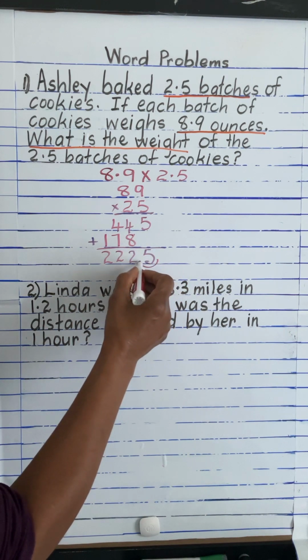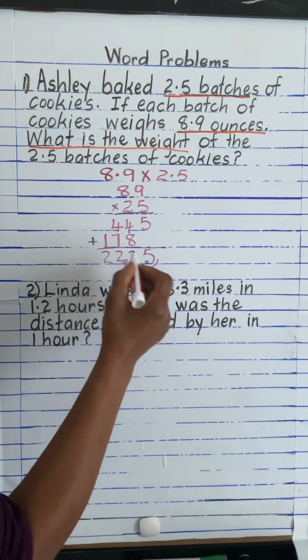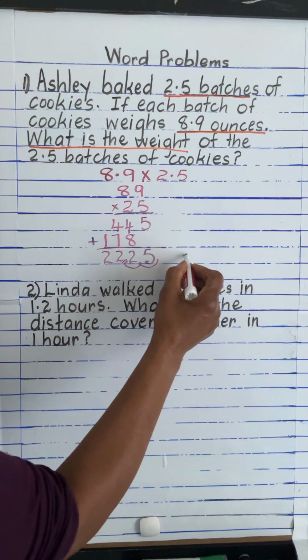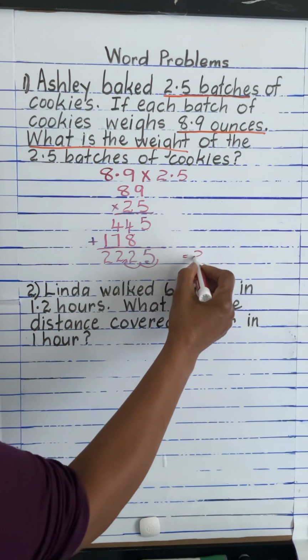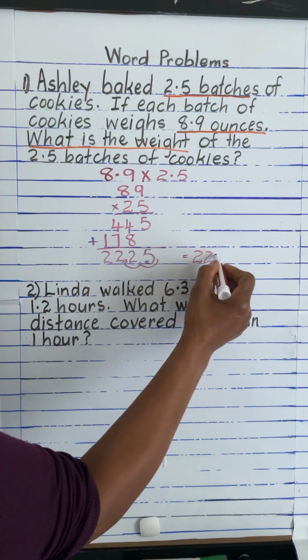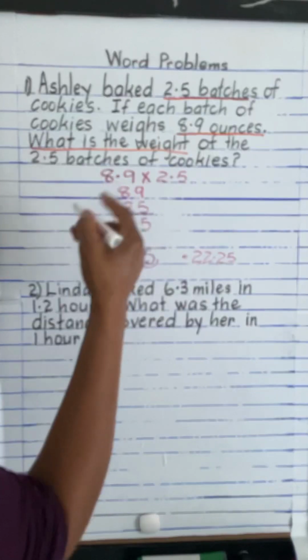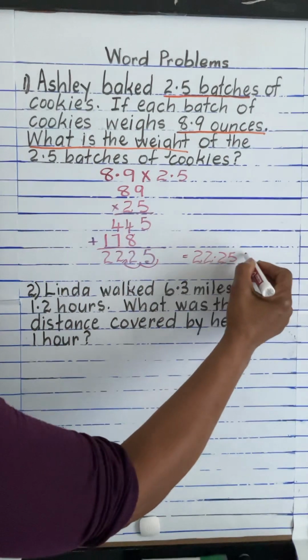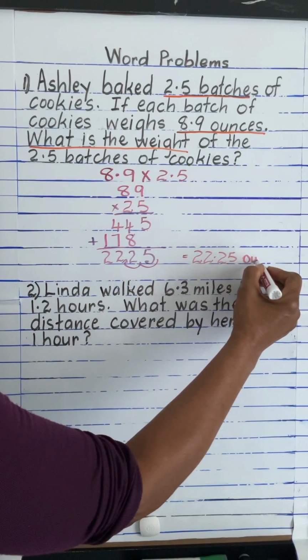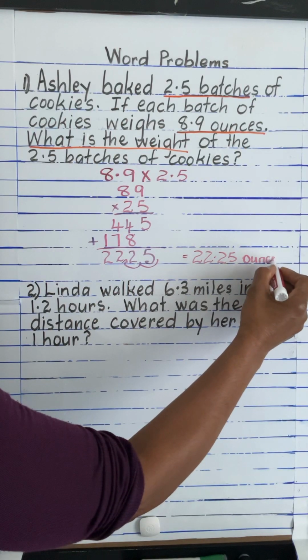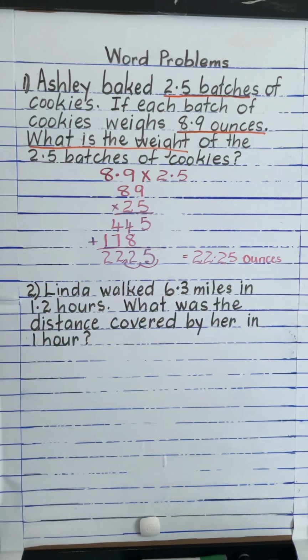So it is 1, 2. So that is equal to 22.25. And what is the weight? That would be ounces. 22.25 ounces.